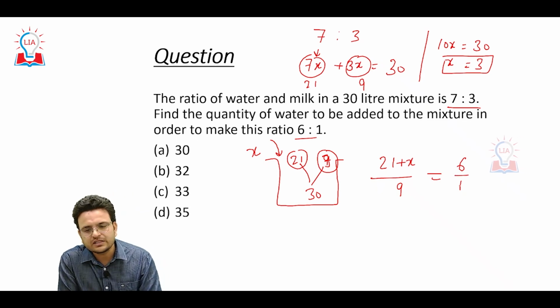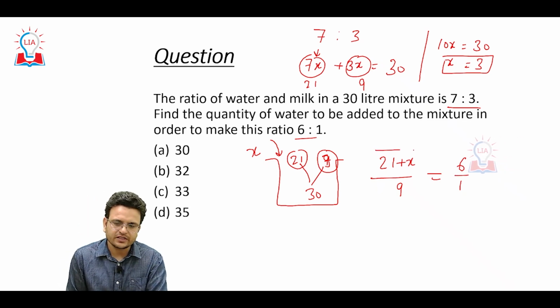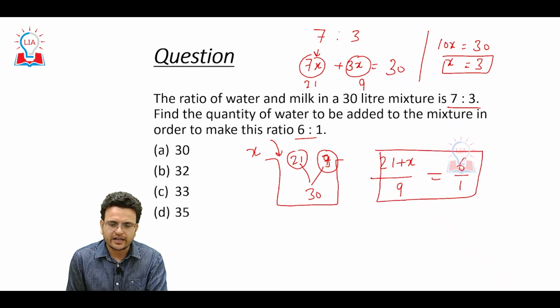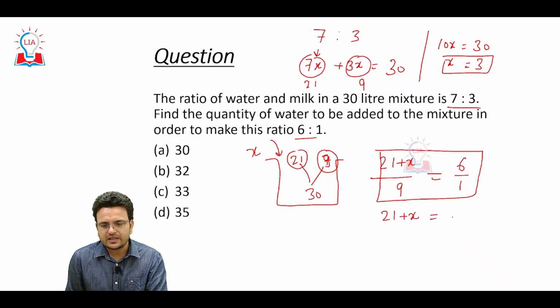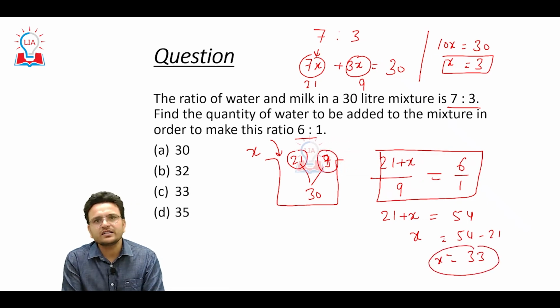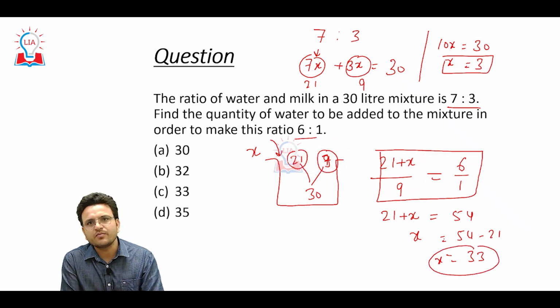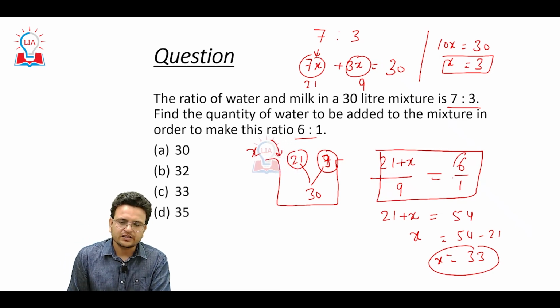Just solve this equation, you are going to get an answer. We can say that 21 plus x equals 9 times 6, which is 54, and x will be 54 minus 21, and it will be 33. So 33 liters of water we have to add to get a ratio 6:1.